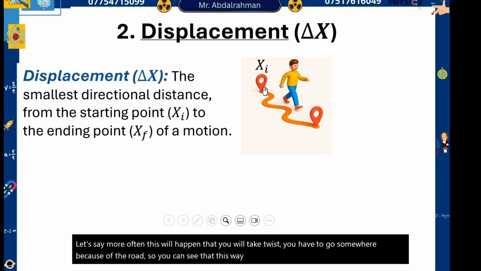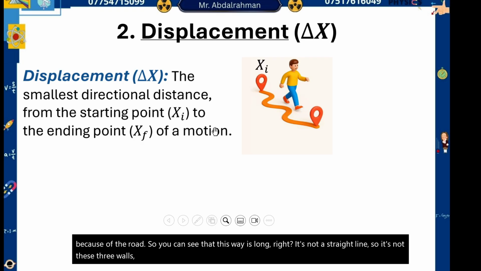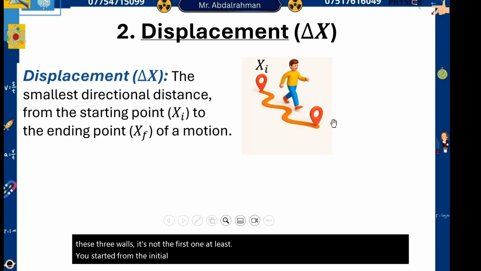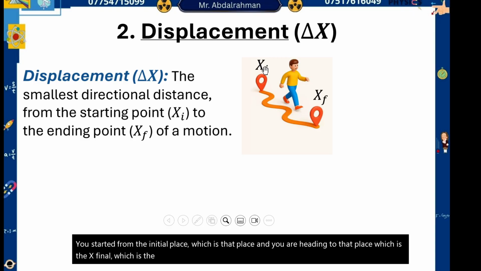It's not a straight line, so it's not these three words. It's not the first one, at least. You started from the initial place, and you are heading to that place, which is the x final, the final position, and this was the initial position.